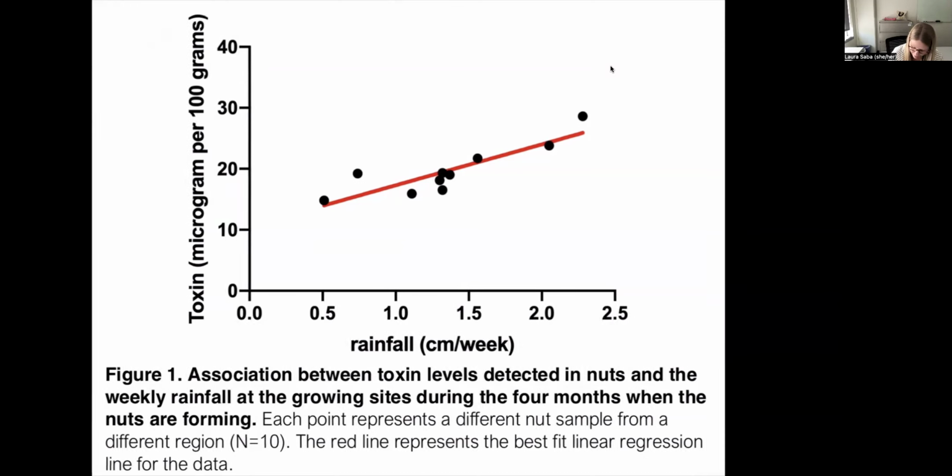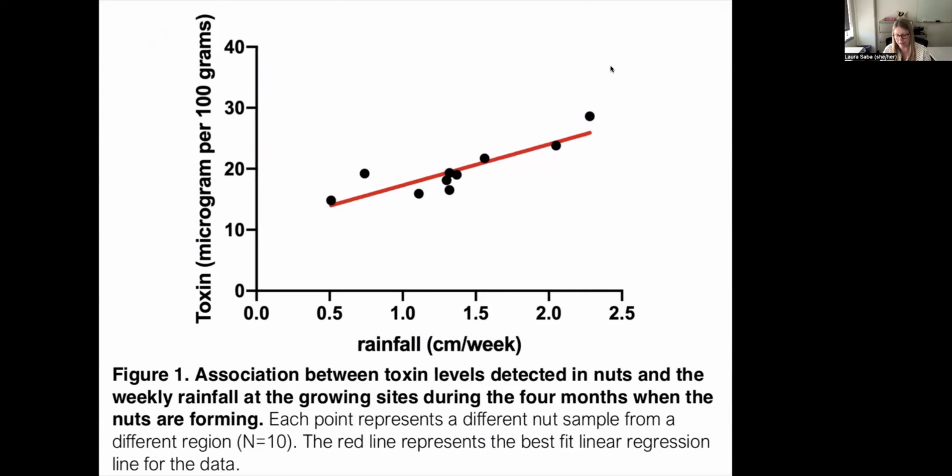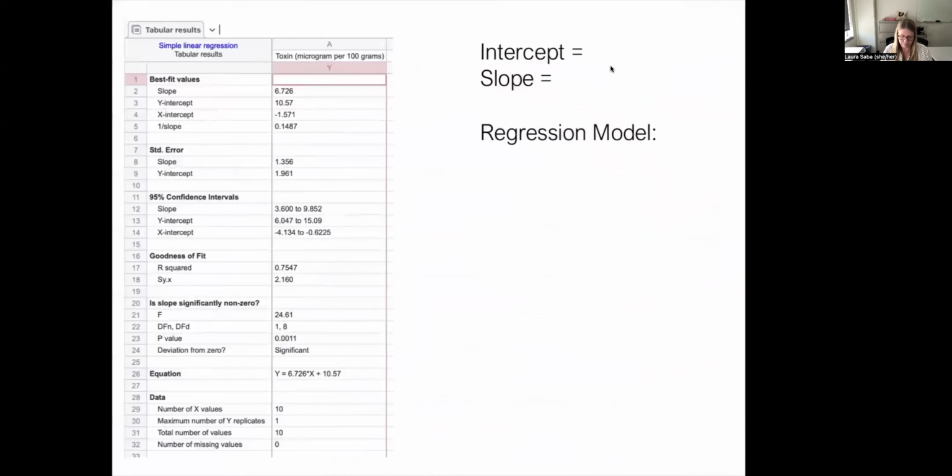When we go to write it up, we tell the reader what each point represents, a different nut sample from a different region, to distinguish that there's no pairing, that there's 10 points, and then describe what that red line is: the best fit linear regression line from the data. So again, identical to what we did with the correlation analysis. We're just using a slightly different approach with a slightly different interpretation.